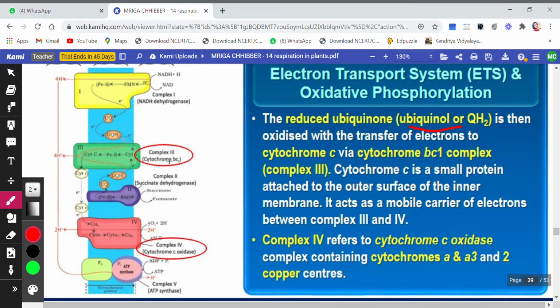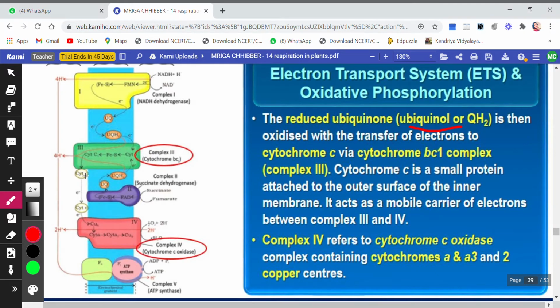This is complex 3. So through this, the electrons will move on through these many steps and will reach cytochrome C. Cytochrome C is a small protein attached to the outer surface. You see, it's not within the membrane. It is on the outer surface of the inner membrane here.